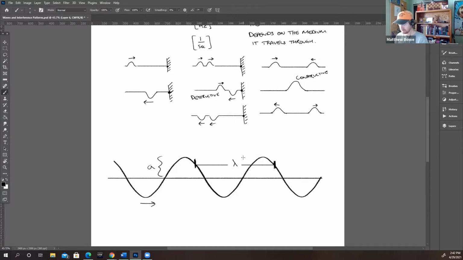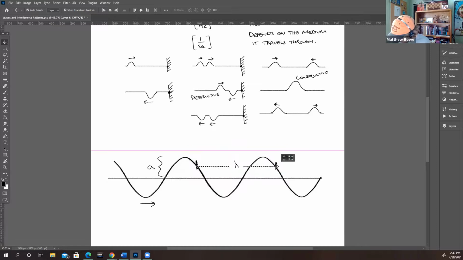And I picked two arbitrary spots. So what this means is, what if I did a wavelength for, like, the peak? Is that the same thing? I can show you with this that it is.